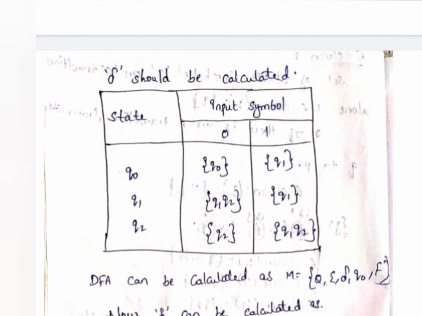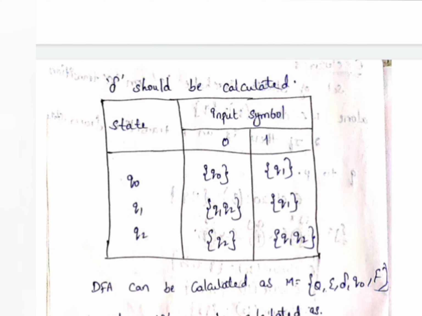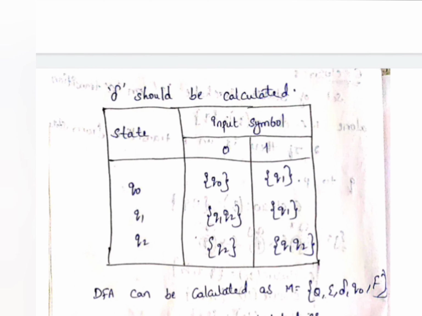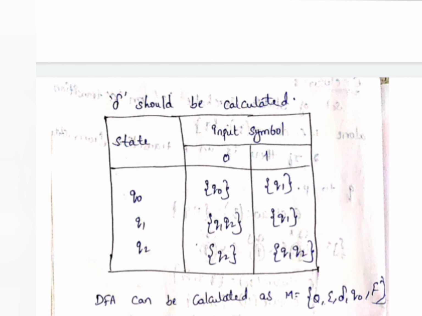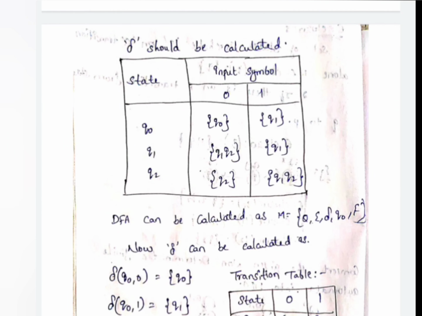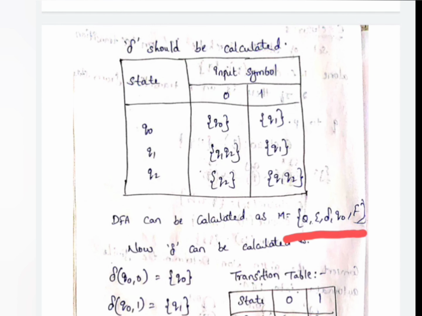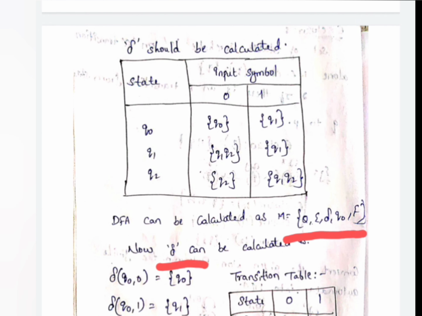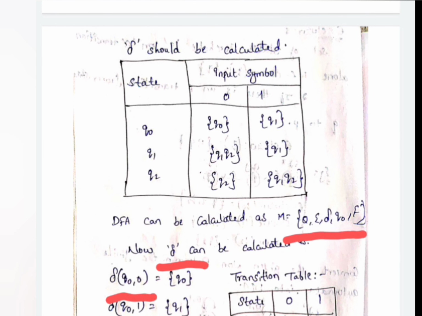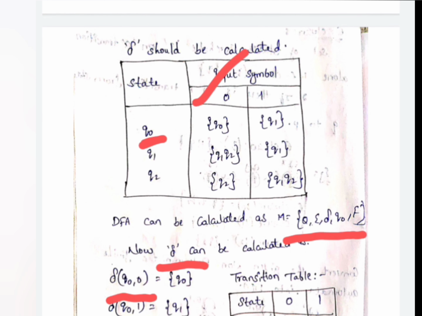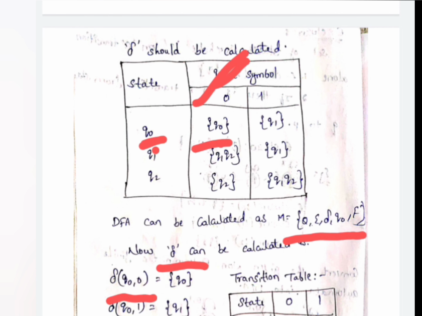Now you need to calculate the transition function. How will you calculate delta here? The DFA can be written as M equals Q, sigma, delta, Q naught, F. Delta is calculated as follows. First take delta of Q naught comma 0: for the state Q naught with input symbol 0, we got Q naught.